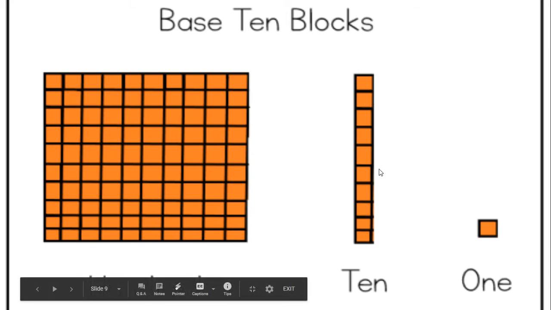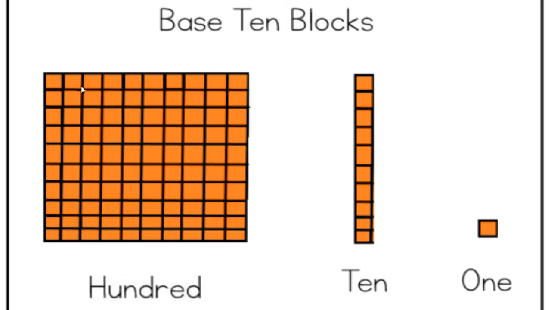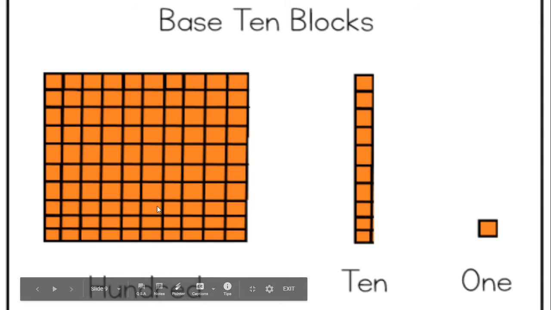This represents 10. And then the hundreds block has 100 little tiny blocks all together. I won't count them all by one, but remember, one of these is 10, so you could count 10, 20, 30, 40, 50, 60, 70, 80, 90, 100.